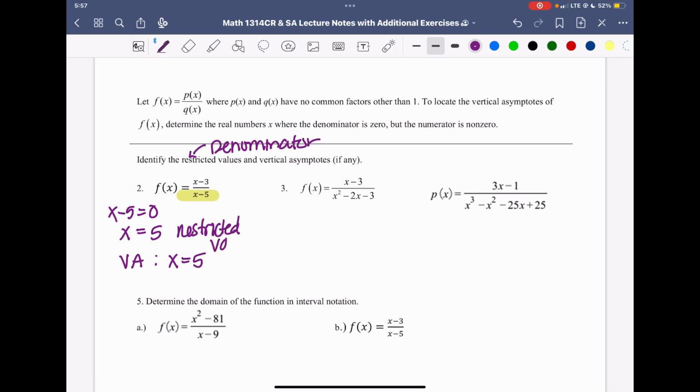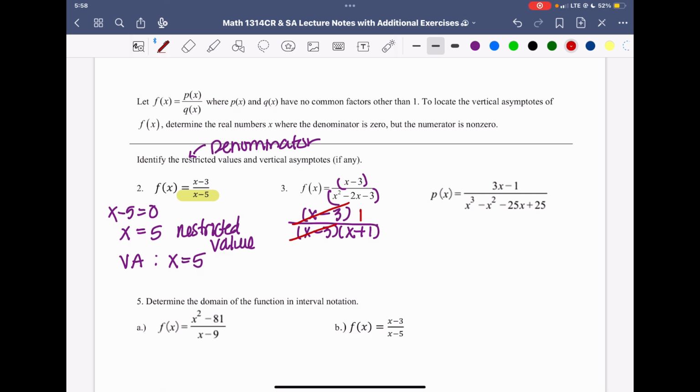The next one is going to be a little bit more difficult. We're not supposed to really go over it, but let's go ahead and talk about it. The first thing I want to do is factor the denominator. The factors of the denominator are x minus 3 and x plus 1. When you factor, remember that when the numerator, the whole expression, cancels, you're left with 1.